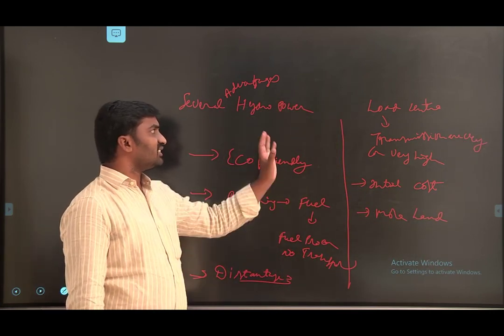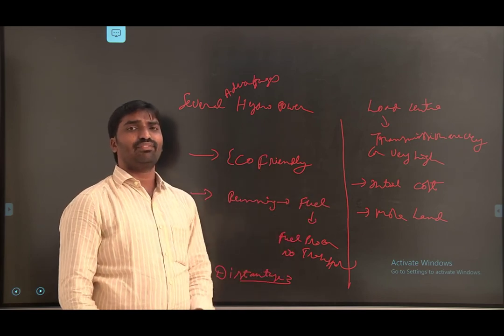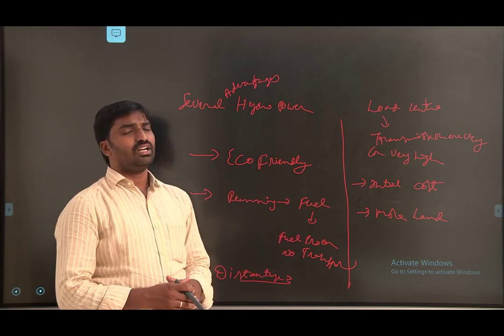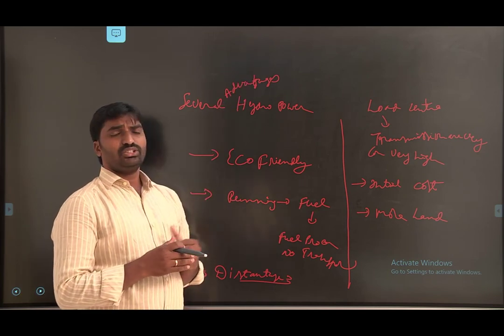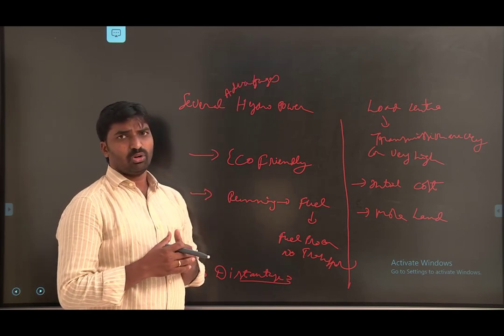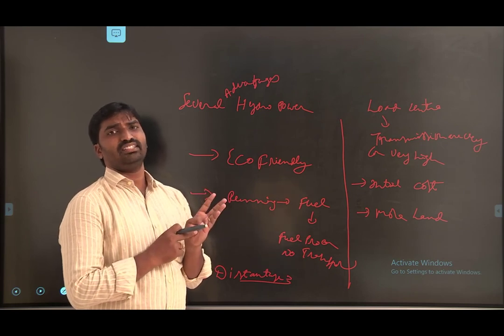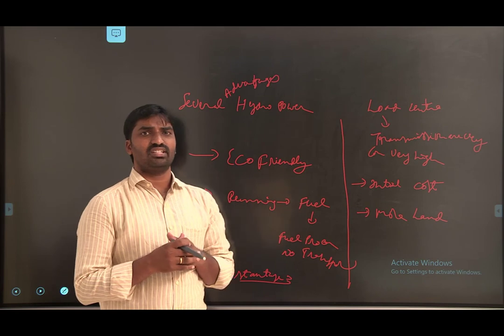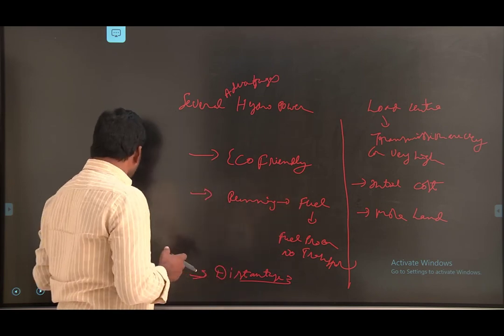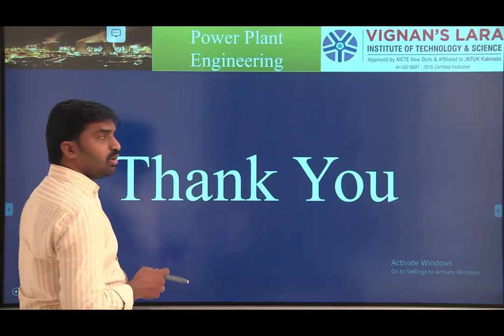Okay, so these are some advantages and disadvantages of hydroelectric power plants, and types of dams. In today's class we discussed the classification of spillways and a summary of overall hydroelectric power stations. Okay, thank you.